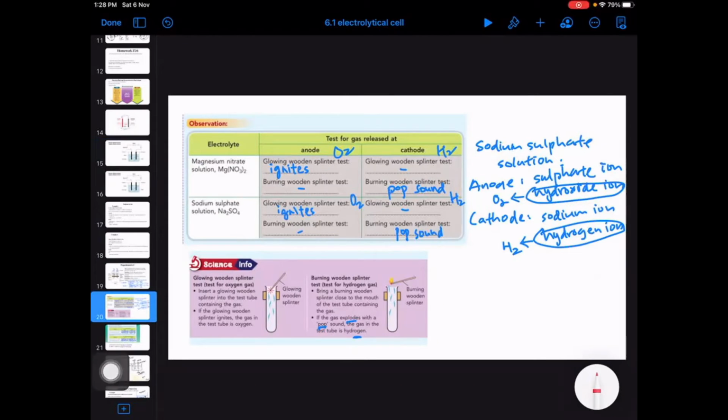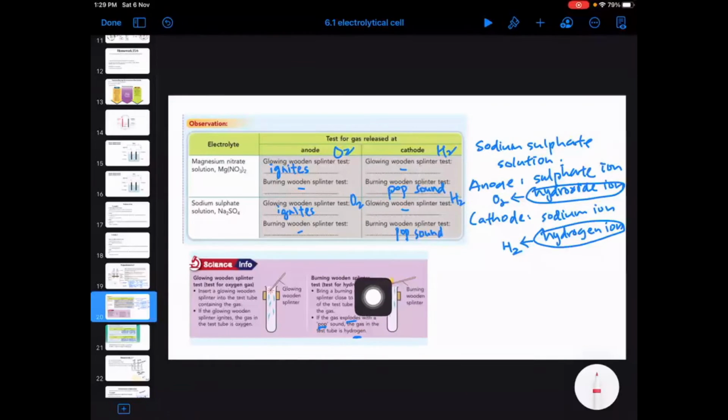For oxygen gas, you can do the glowing wooden splinter test. When you put this glowing wooden splinter into the oxygen gas, the glowing wooden splinter will ignite. The keyword is ignite. That means it will start to burn because oxygen helps it to burn. For hydrogen gas, you use the burning wooden splinter test.